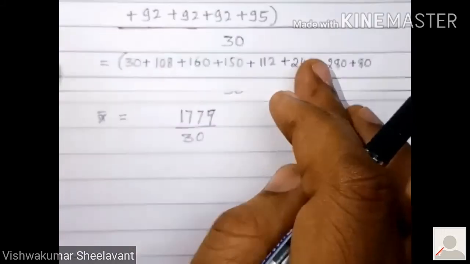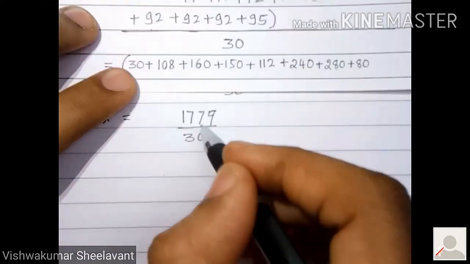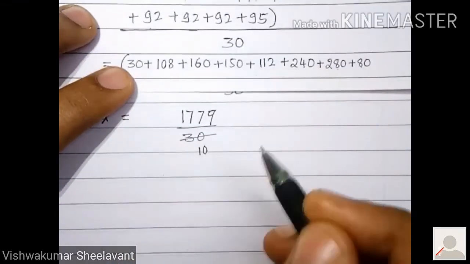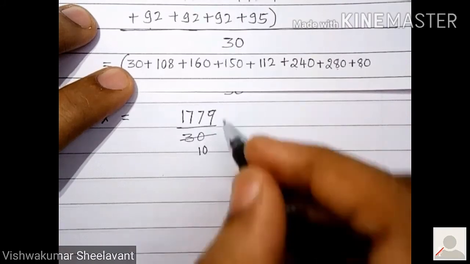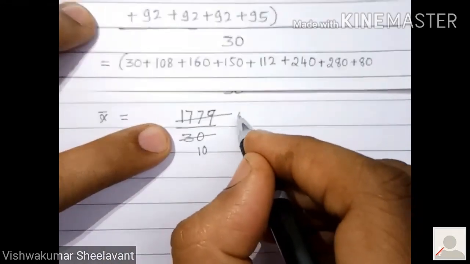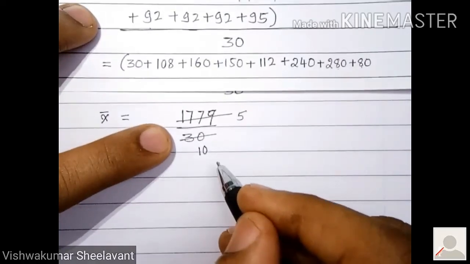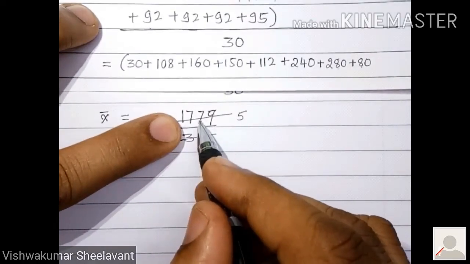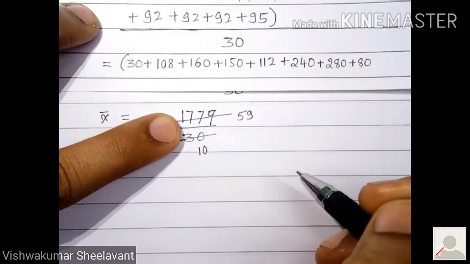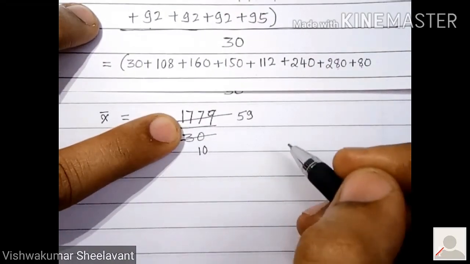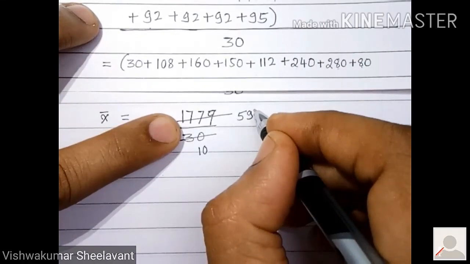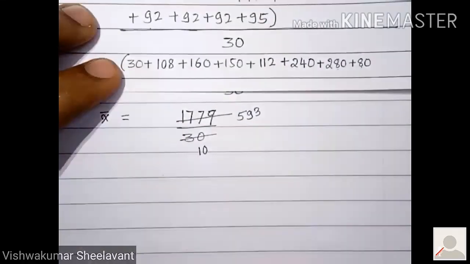So you can carry out division here. 3 5s are 15. 2 will remain 27. 3 9s are 27. 9 will come down. 3 3s are 9.